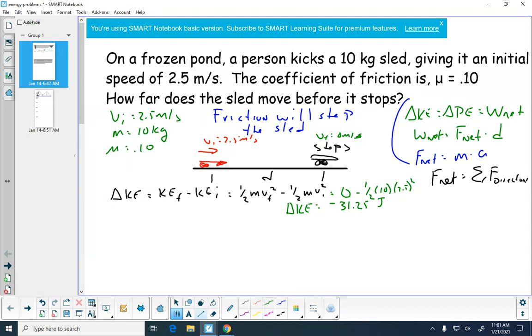Well, this change in kinetic energy is also our net work. Our net work is also calculated by our force net times displacement.